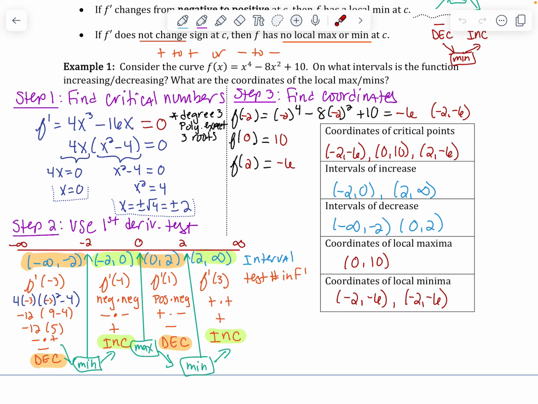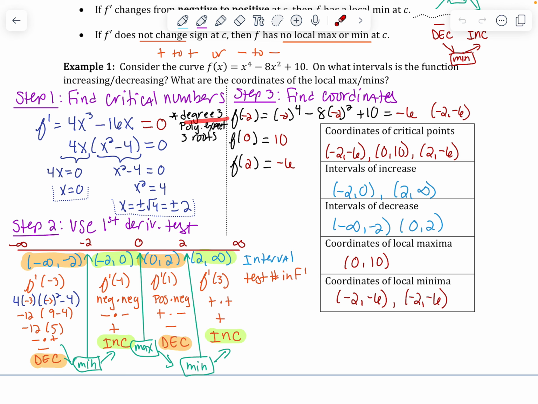Well, the only place that I can get my maximum and minimums and determine increasing and decreasing is by focusing on the critical numbers. This is where I'm going to find the first derivative, so taking the derivative of my function, and I'm going to set it equal to 0 if there's a numerator, and the denominator would also be set equal to 0.